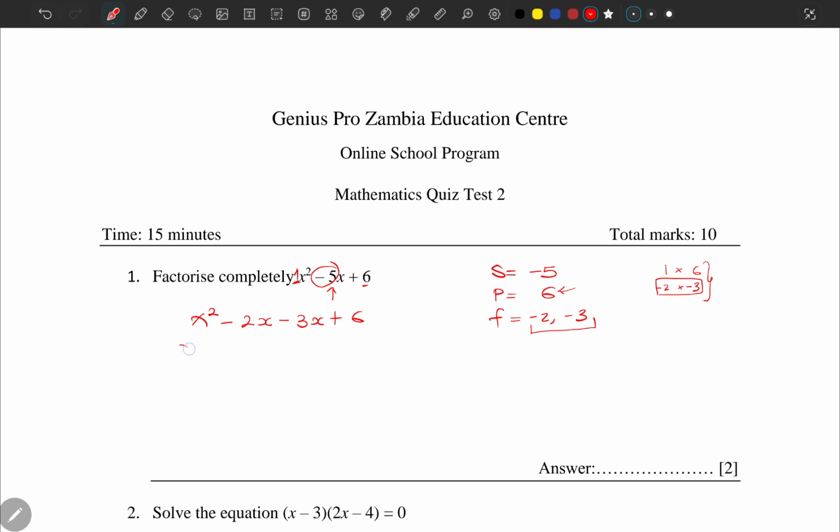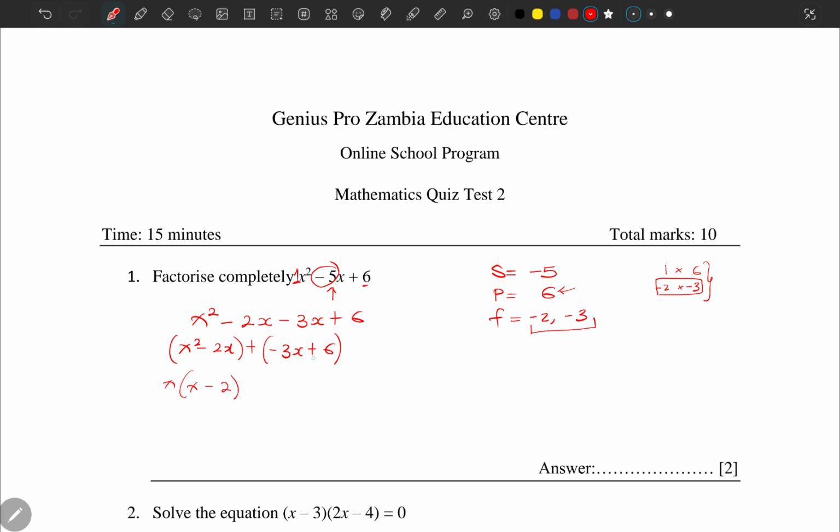So here is what you do. You group this, then you say plus, then this -3 goes inside, plus 6. You group them like that. After you group them, then factor out what is common in each bracket. So here x is common. I take it out.